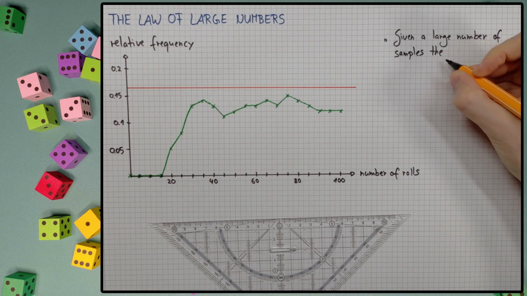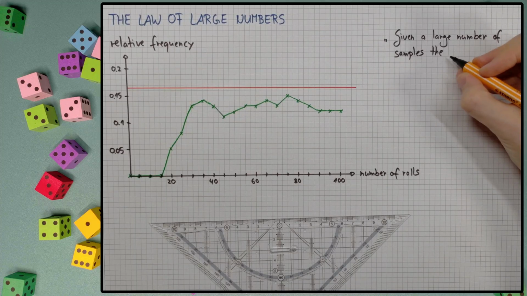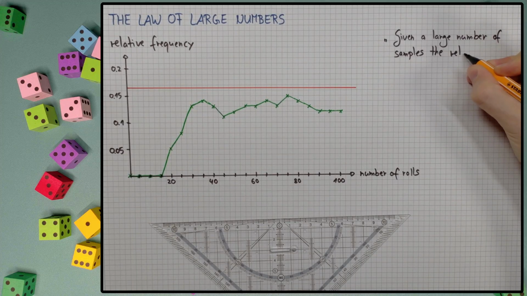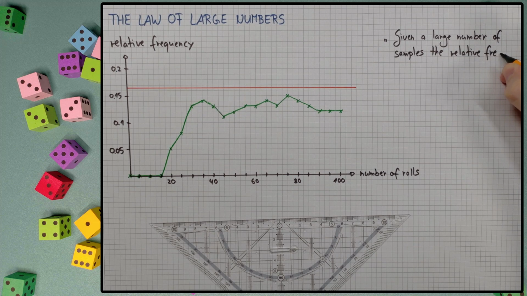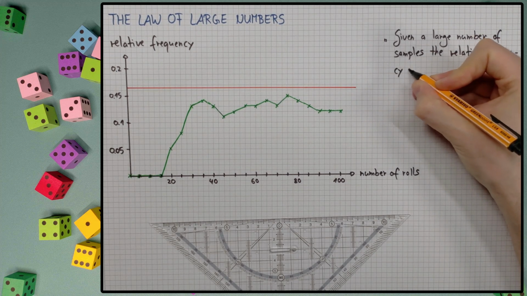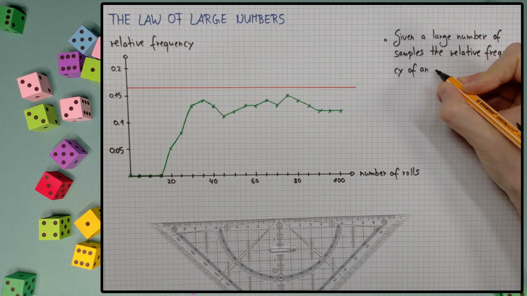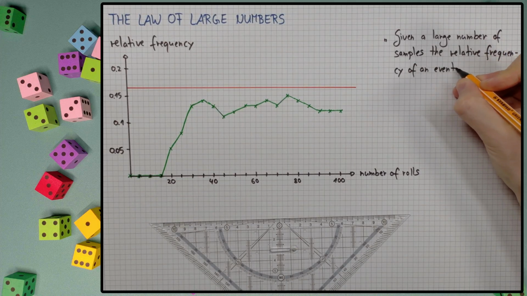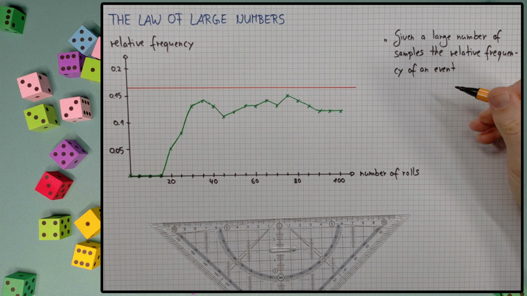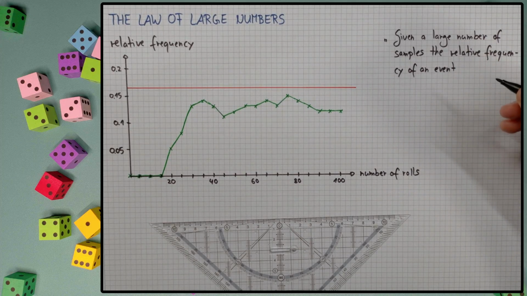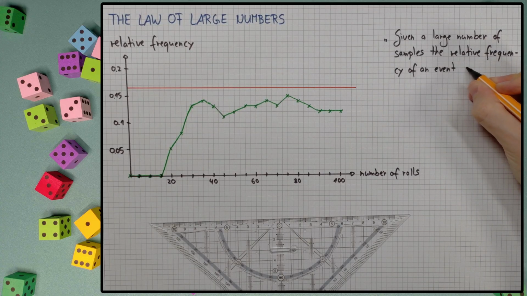What happens? The relative frequency of an event changes. Our event was rolling a 6, and this frequency, the more often you do it, it converges.